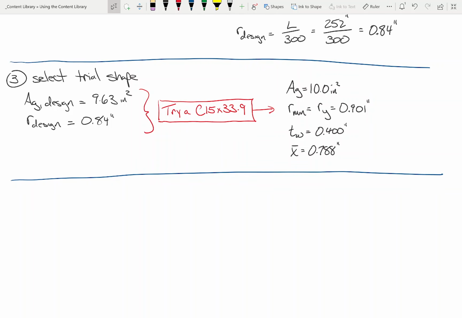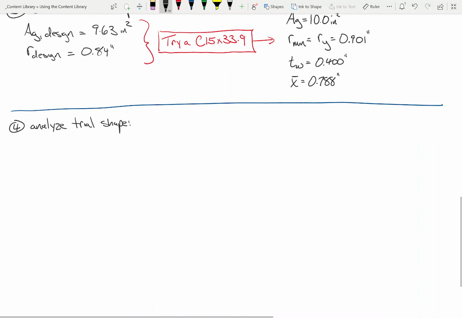Okay. So now we have a shape, and we have our properties for this shape. We need to verify, so what do we need to do? We need to analyze it. We could do gross section yielding, net section fracture, slenderness.